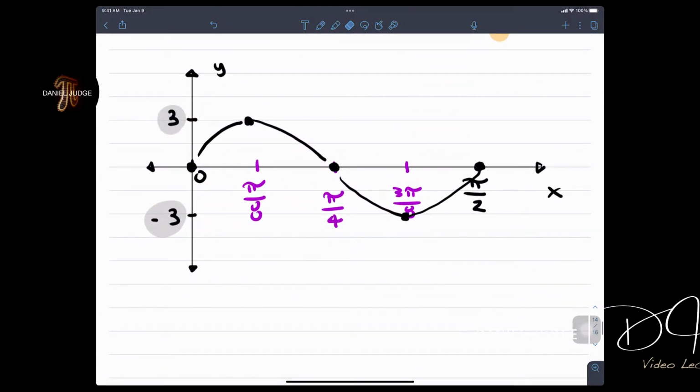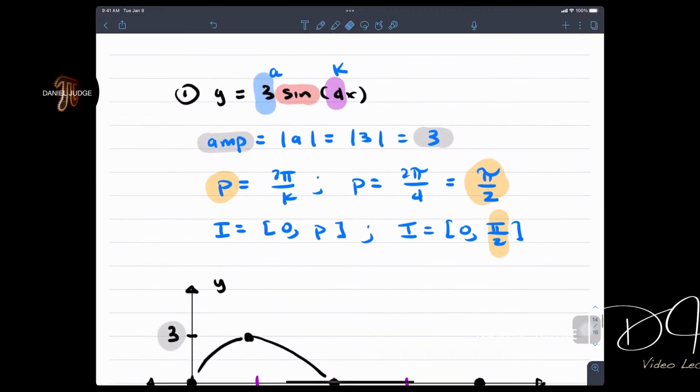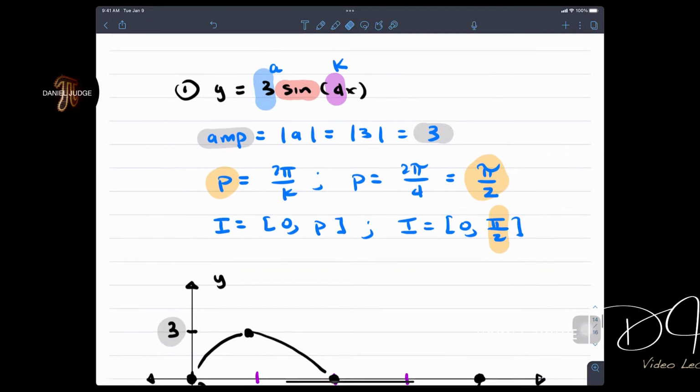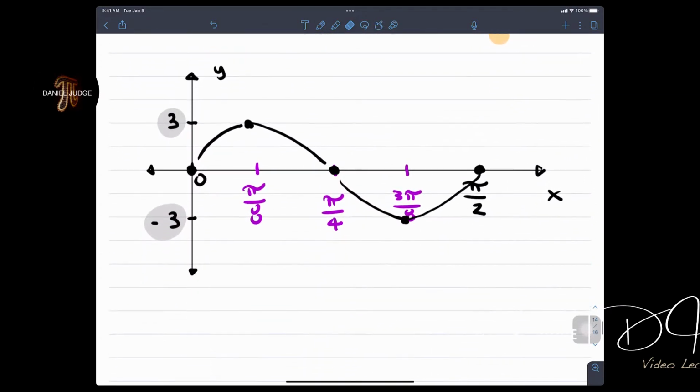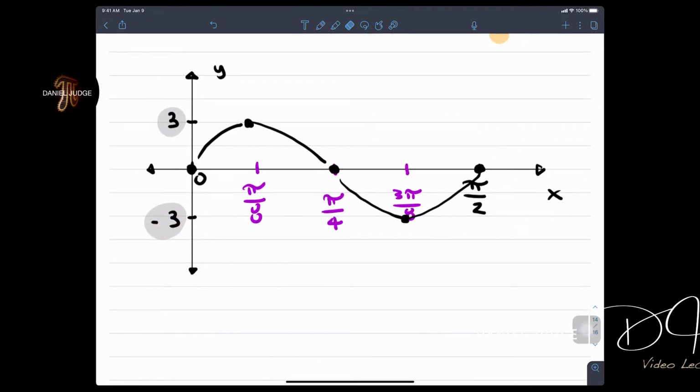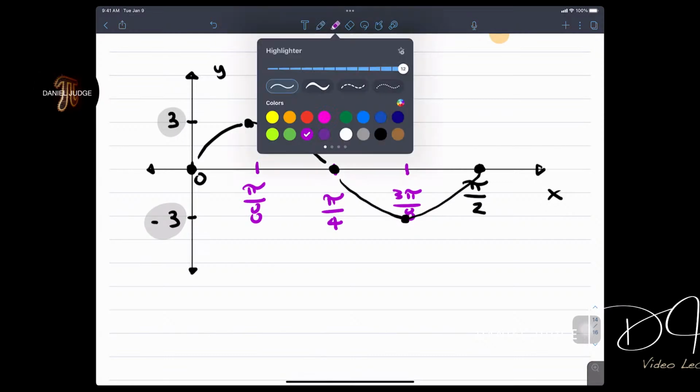And what I'm going to do here, you're pretty much done with the sketch, but remember what I want to ask you as well. It isn't just this important information, what's your amplitude, what's your period, what's the interval of one cycle. Okay, those are all important things to know, but I want to know if you can even read the curve, and this is why on the worksheet I asked various questions like the x-intercepts.